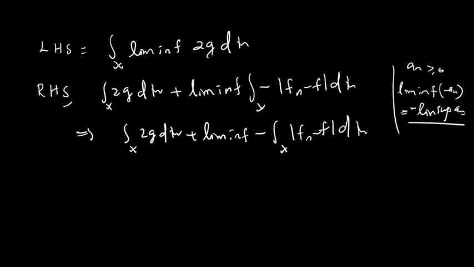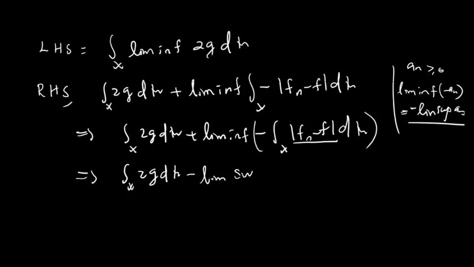Here we have lim inf of minus this becomes, so this implies the integral over X of 2g dμ minus lim sup of the integral over X of |f_n minus f| dμ.